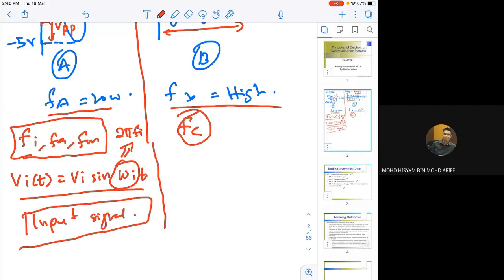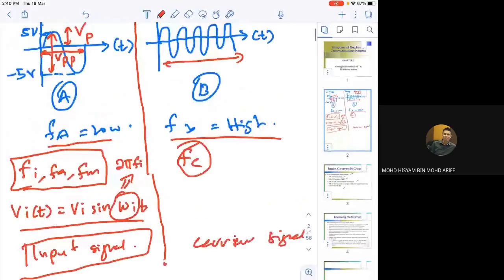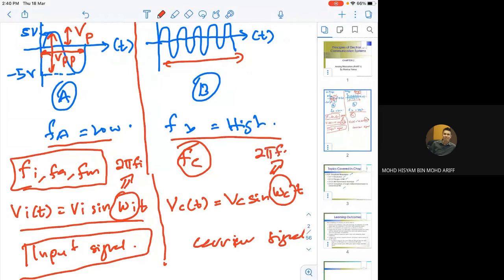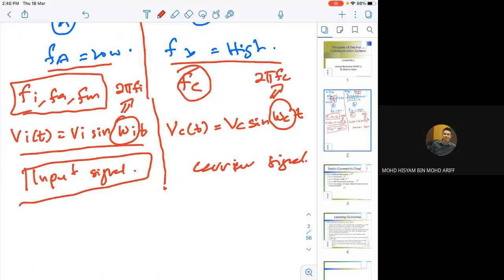This one is the carrier signal. Now, the derivation for mathematical modeling: V C of t equals VC sine omega C t. Omega C equals 2 pi F C. So, everybody clear at this point, before we start amplitude modulation?